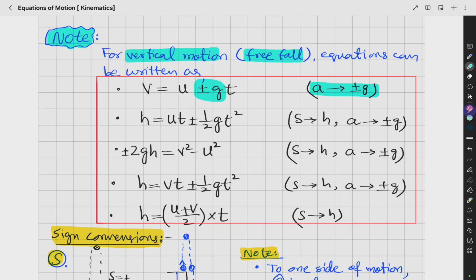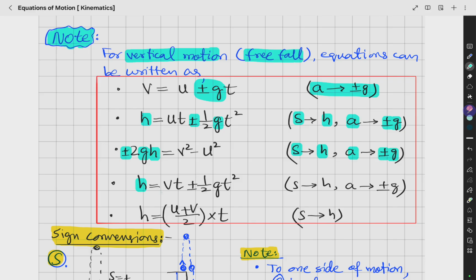The second equation is h equals ut plus minus half gt squared. So s is replaced with h because in vertical motion we are looking at height. It can be used as s, but h is more appropriate. And acceleration is replaced with plus minus g. Third equation, v squared equals u squared plus minus 2gh. So you replace s with h and a with plus minus g.